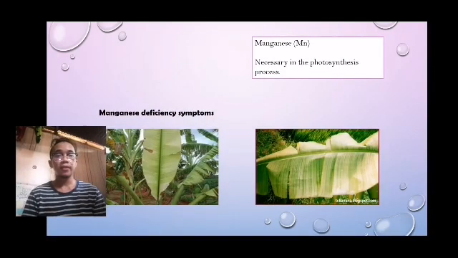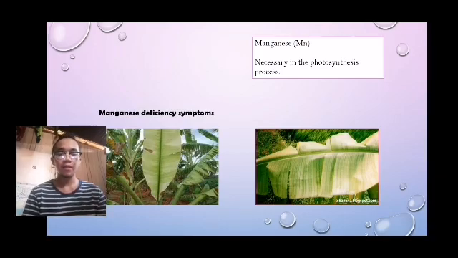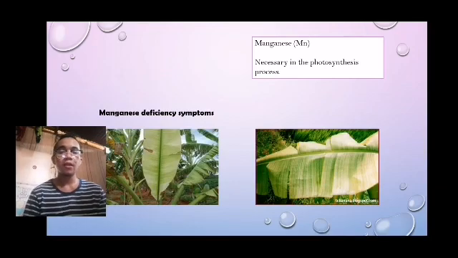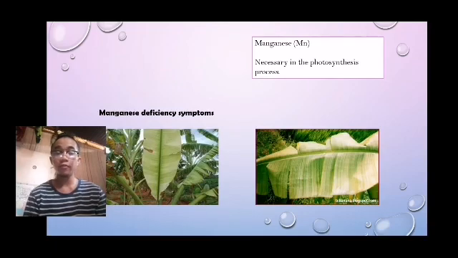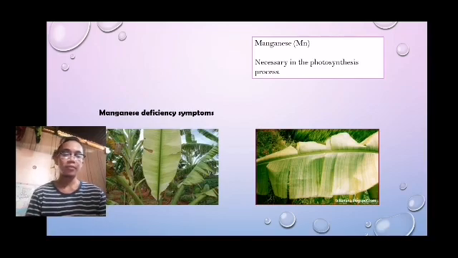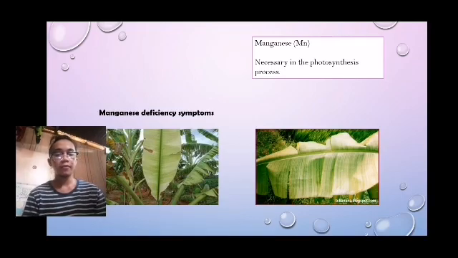So the next is manganese. Manganese is necessary in the photosynthesis process. Manganese is one of the micronutrients absorbed by plant roots in the form of Mn2+, required for the activity of dehydrogenases, carboxylases, kinases, oxidase, peroxidase, and other cation-activated enzymes.